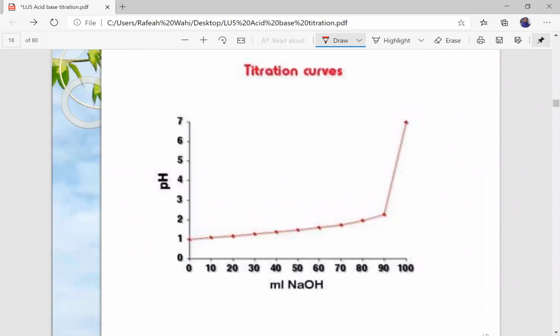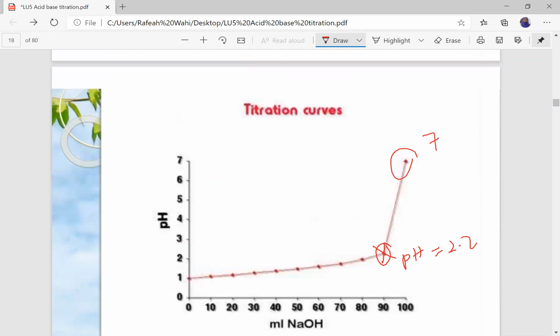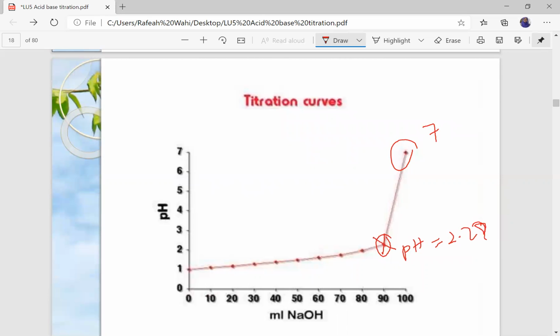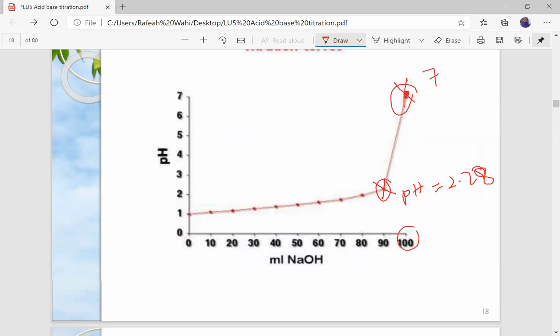Now, let us continue our titration curve. At 90 ml, the pH was 2.28. Here is pH 7. So you continue plotting the titration curve at 100 ml of NaOH.